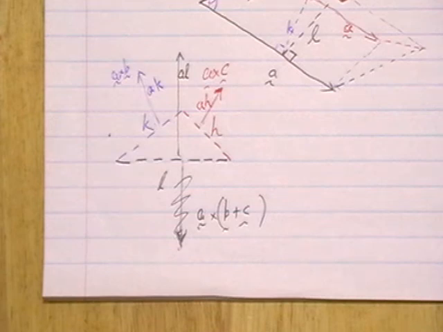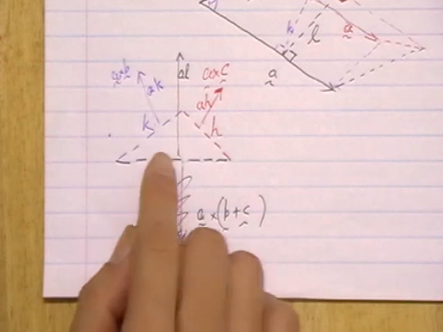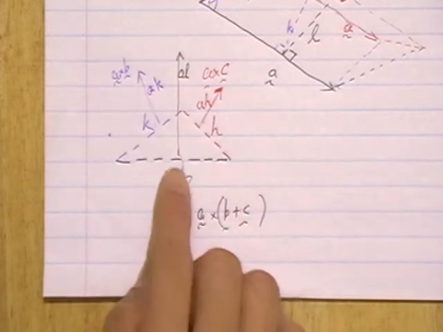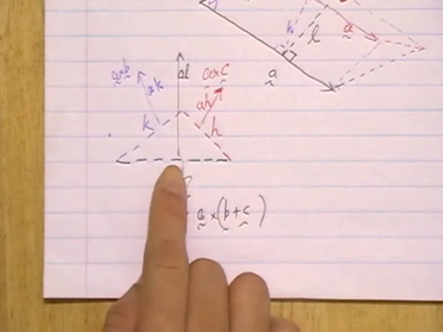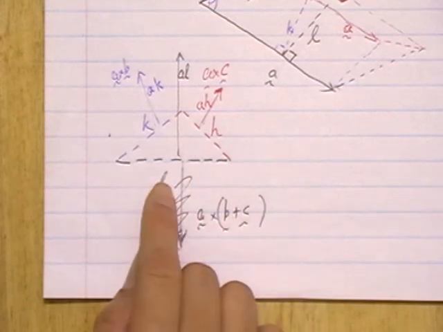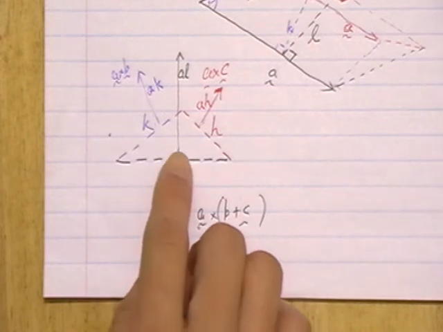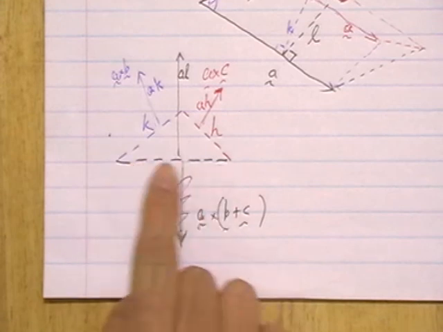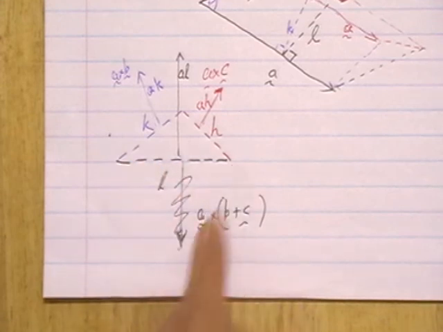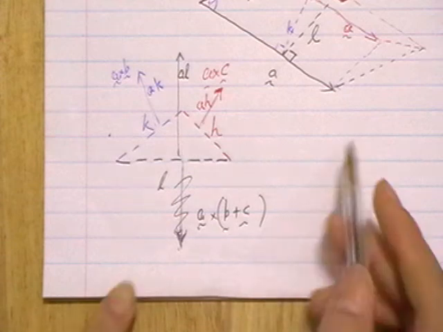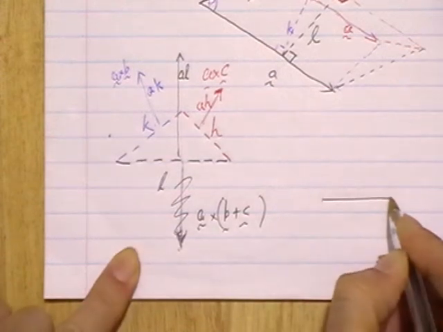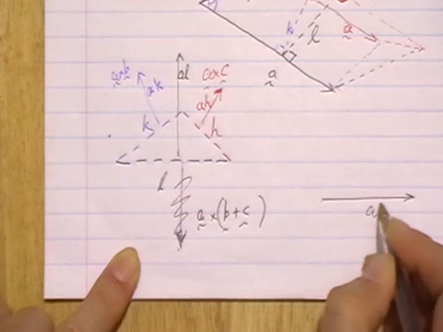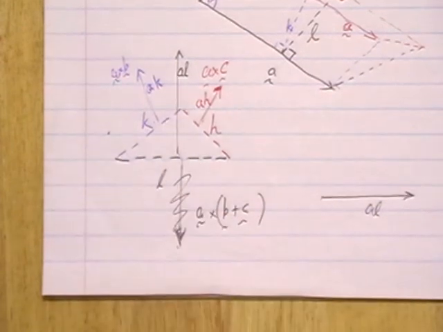Now, what I'm going to do is rotate each of these vectors by 90 degrees. Let's say clockwise. If I rotate AL by 90 degrees, it will lie along the direction of L. Right, that's AL.